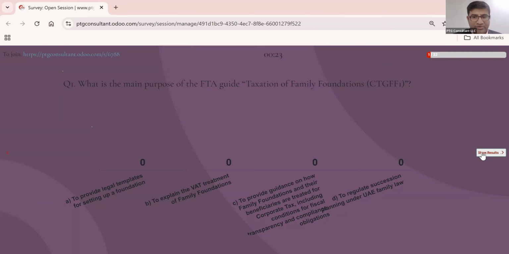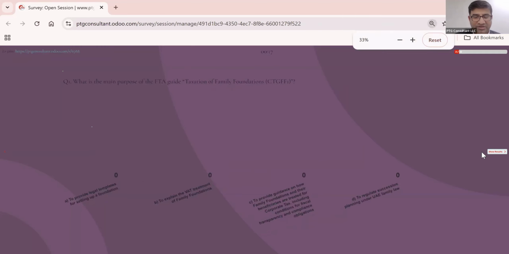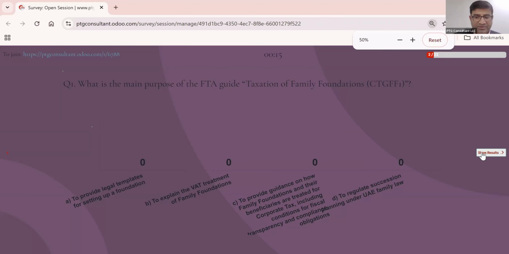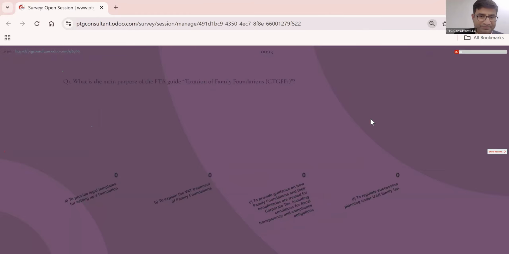Again, what we are trying to highlight here is that the FTA has already given the family foundation related guide, and the guide reference number is CTGFF1. If we search for the source from where we can get help, this is the FTA Family Foundation Guide.